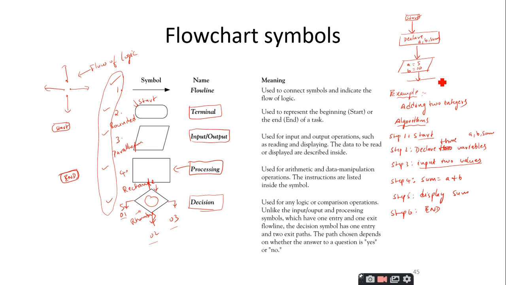Since it is processing, I have to take a rectangle like this. I write it as sum is equal to a plus b. After step 4, just display. Display means outputting, and outputting should be given like this, a parallelogram again. So output sum, and after this I end the flowchart with the end symbol, the terminal symbol, like this.